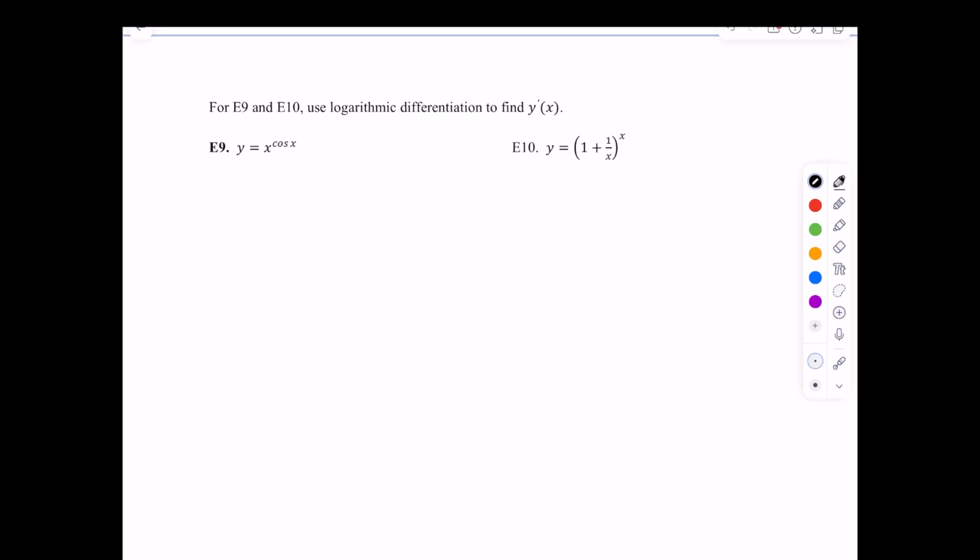For example 9 and 10, we'll go ahead and use logarithmic differentiation to find y prime of x. Let's begin with using the natural log function. Now you got to remember y is some function of x, so if we need to, we will actually implicit differentiate.